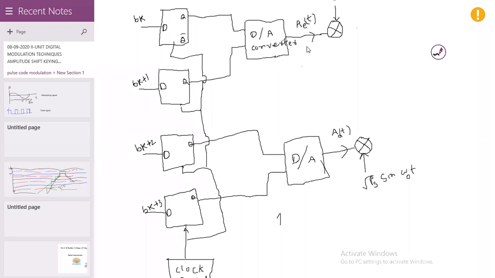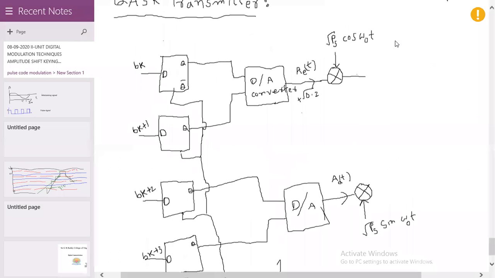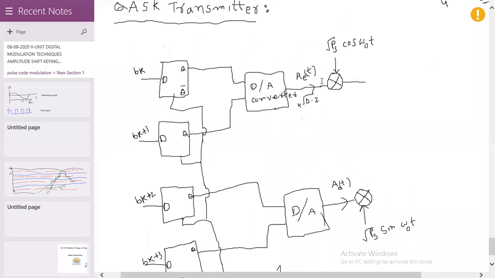Here we can indicate that this is root of 0.2, and here minus root of 0.2, like that. So there are 4 values. The output of this digital to analog converter is then multiplied with root of PS cos omega naught T.